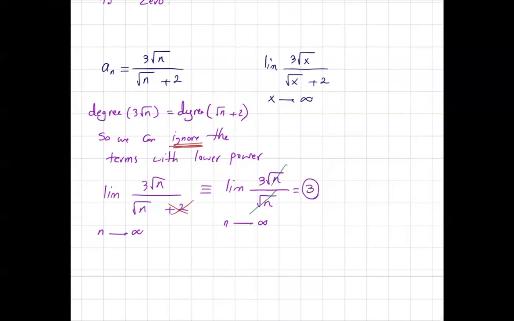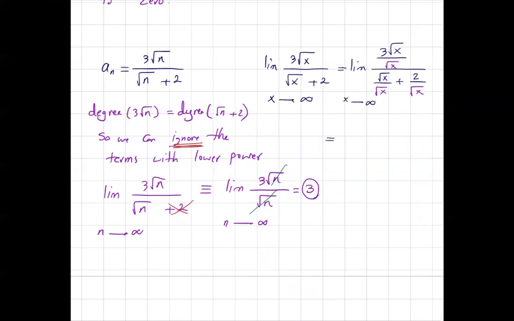Now let us verify that using the algebra and calculus that we learned in elementary calculus. This limit is equal to the limit of 3 times square root of x over square root of x, divided by square root of x over square root of x plus 2 divided by square root of x, as x goes to infinity.